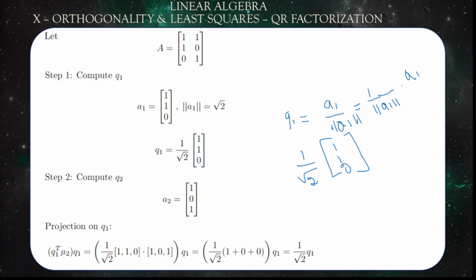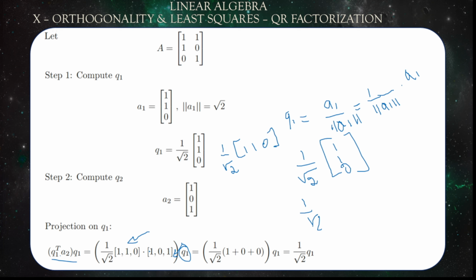Q1 is 1 divided by the square root of 2 times 1, 1, 0, and its transpose turns the column into a row.